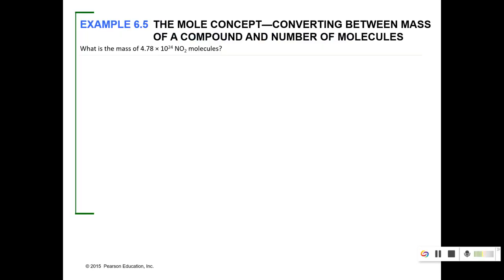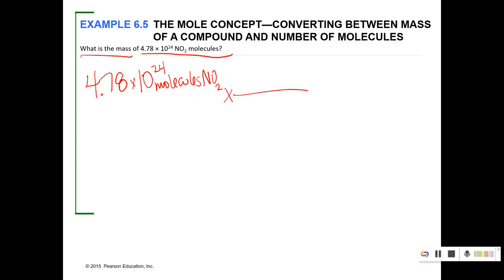So we have, what is the mass of 4.78 times 10 to the 24 NO2 molecules? So 4.78 times 10 to the 24 molecules. Now it is very important that you're paying attention to our compound because we're going to have to find the mass of that.